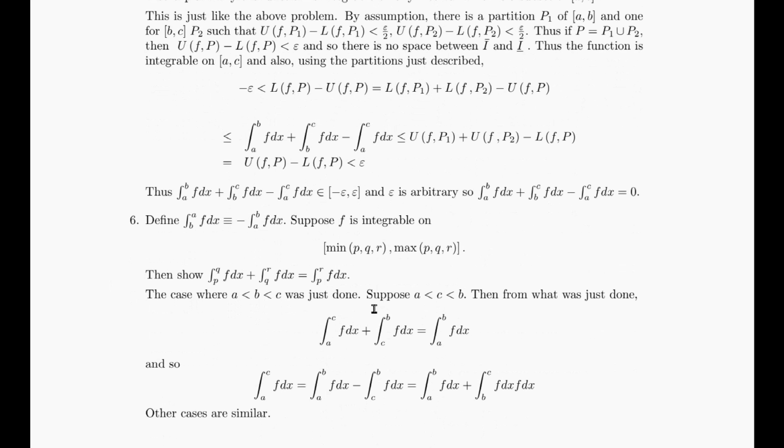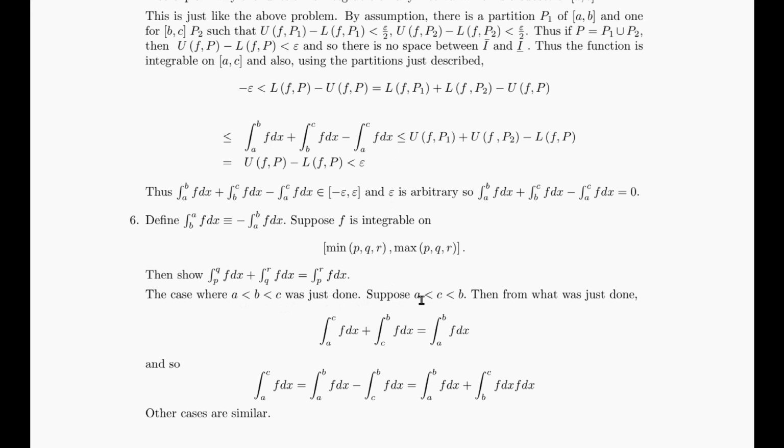Now what we haven't discussed is what happens when you have an integral from b up to a where b is bigger than a. Well, the way we define it is as negative the integral from a up to b. So the observation here is that you can always write this. What I want to do is consider the case where a is less than b less than c. That was just done above.